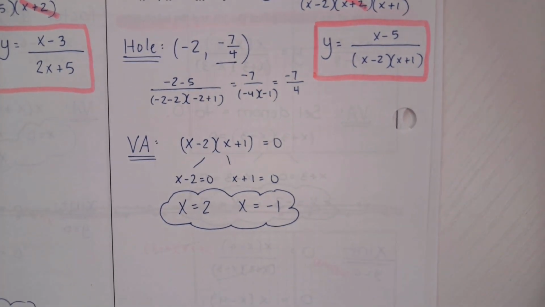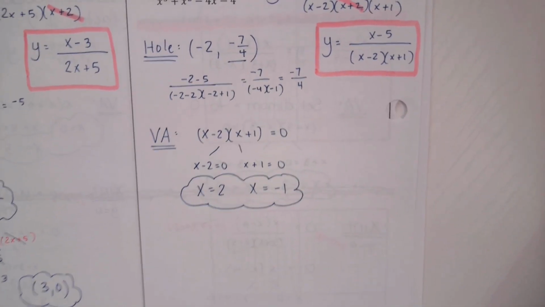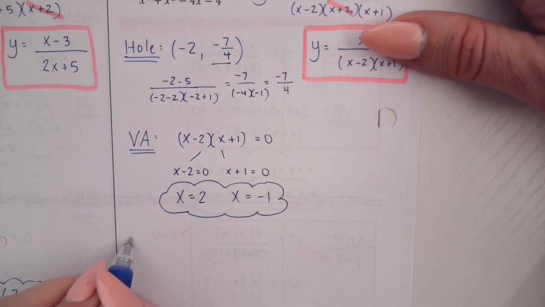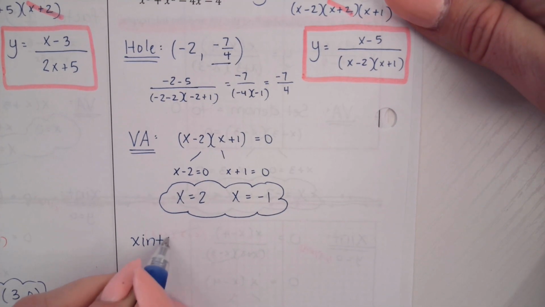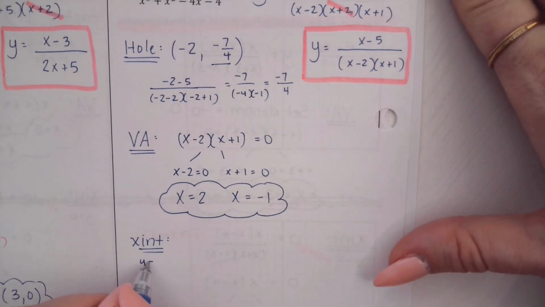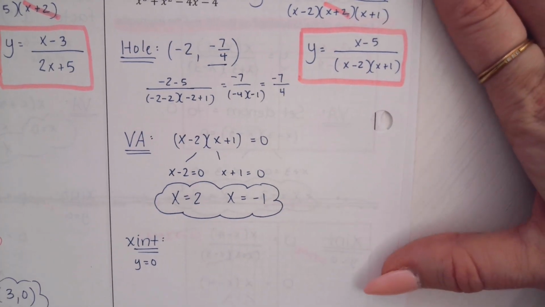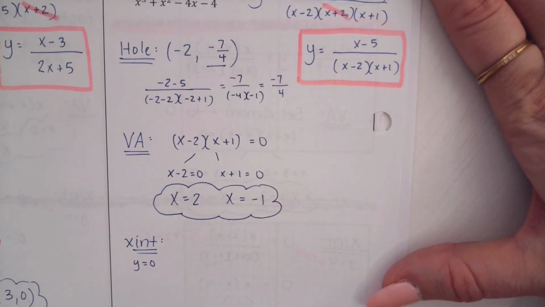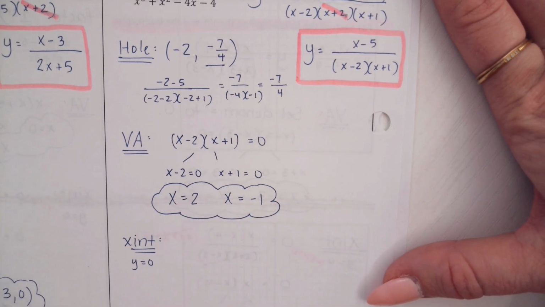Okay, still using the new and improved function, we're going to find our x-intercept and our y-intercept. Alright, x-intercept, that's when your y equals 0, and you should know the shortcut by now. If y equals 0, your denominator is going to cancel, so you can really just do your numerator equals 0.